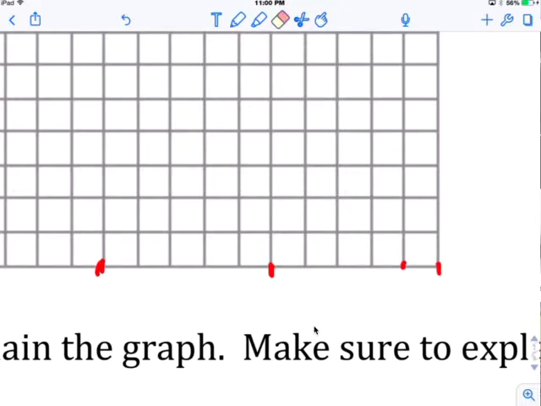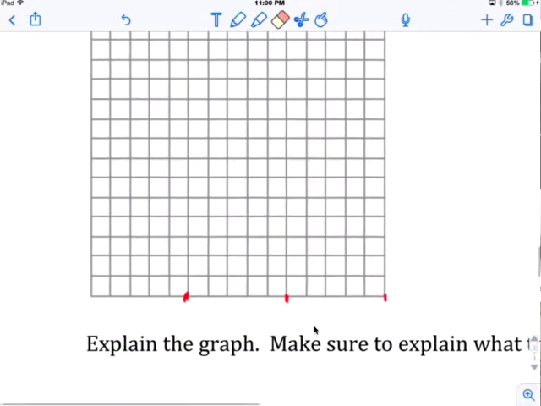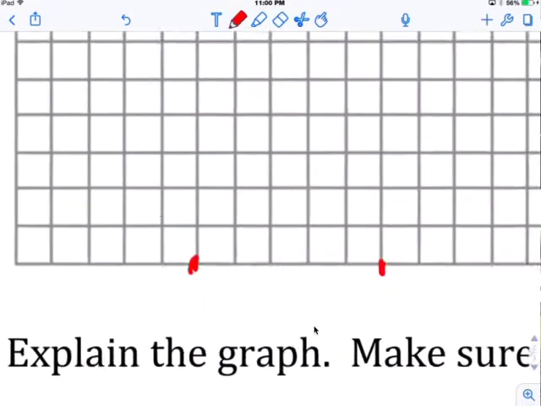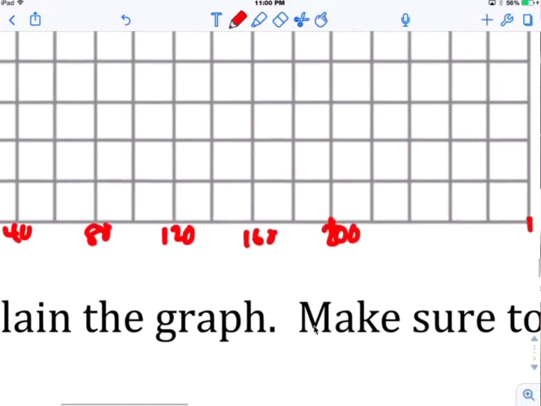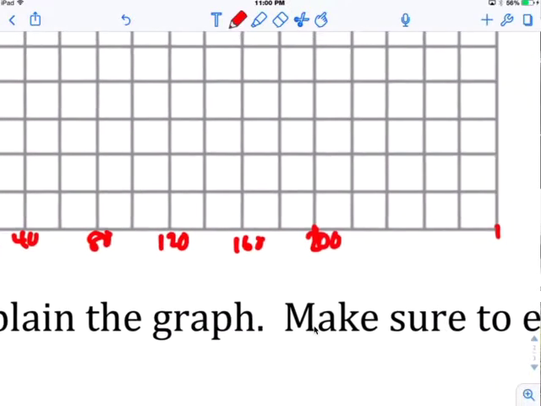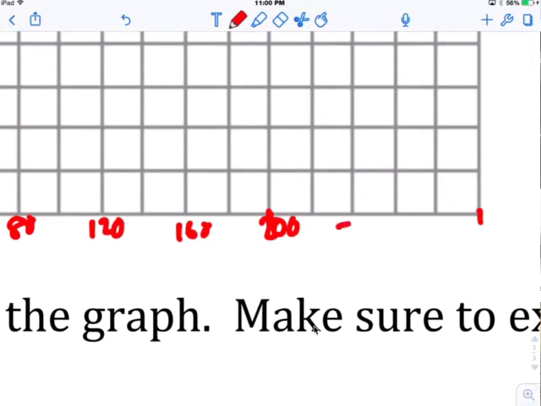We'll count by 20. 20, 40, 60, 80, 100 right there, 120, 140, 160, 240, and then 300.